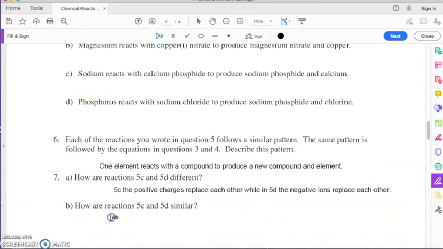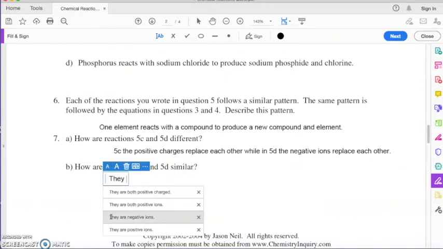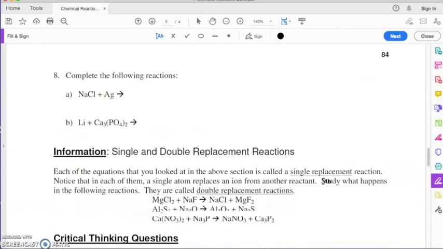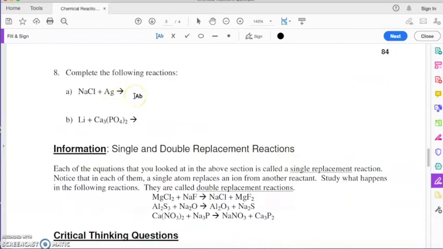How are they similar? Well, they still have the element and compound reacting. So let's complete the following reactions. We'll do that on the board now.